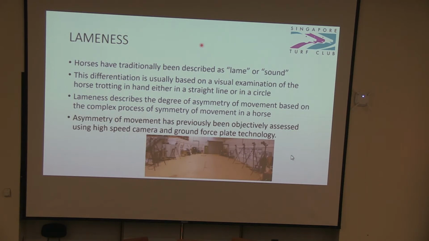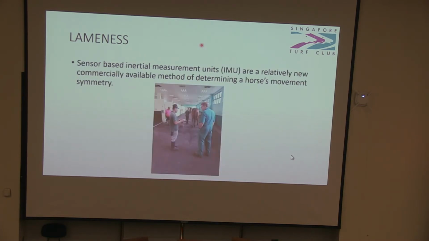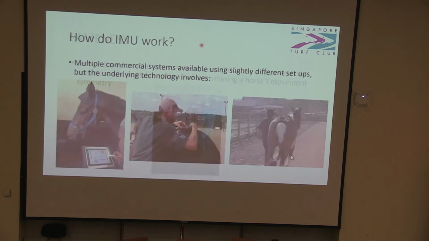So with high-speed camera technology and ground force plate technology, we can measure asymmetry very well, and these are debatably the gold standard for doing so. However, recently, we have had inertial measurement units become commercially available as another method of measuring a horse's movement symmetry.